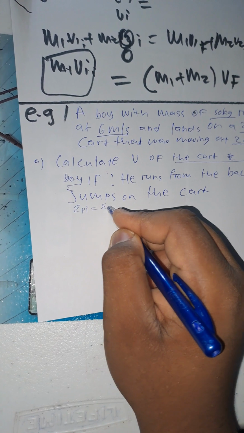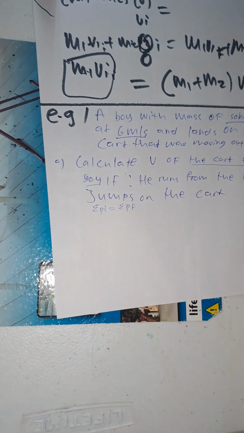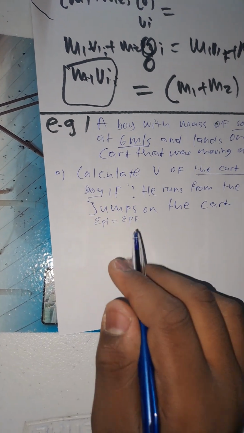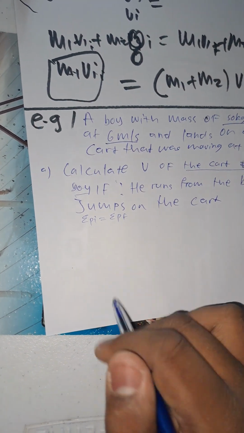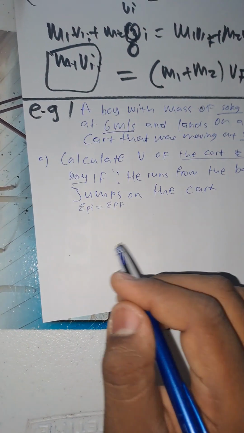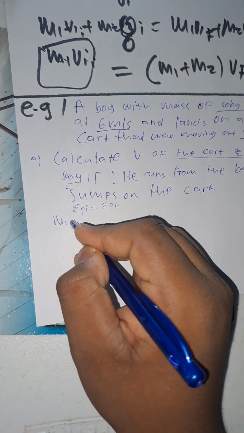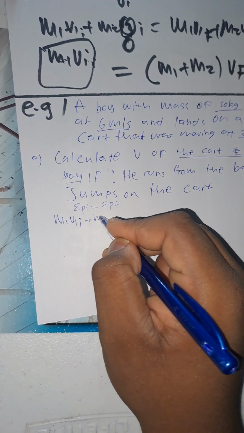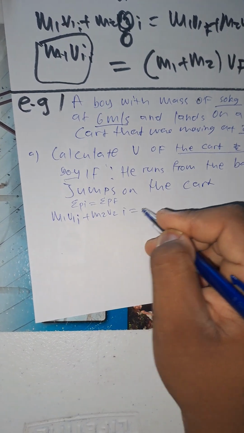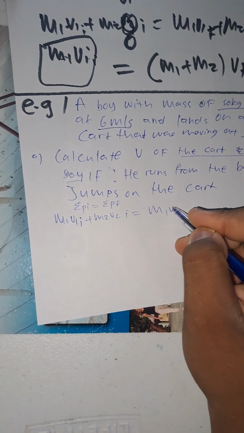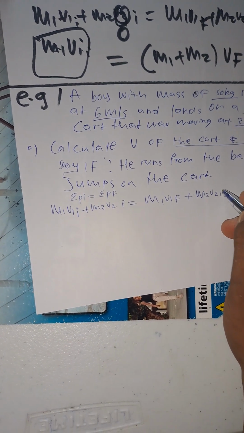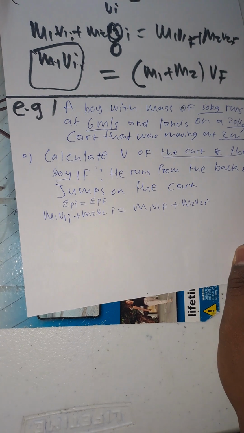You're going to do your thing: sum of initial momentum is equal to sum of final momentum. Sorry guys for using a pen, I'm just trying to save time. So it is M1V1I plus M2V2I is equal to M1V1F plus M2V2F.